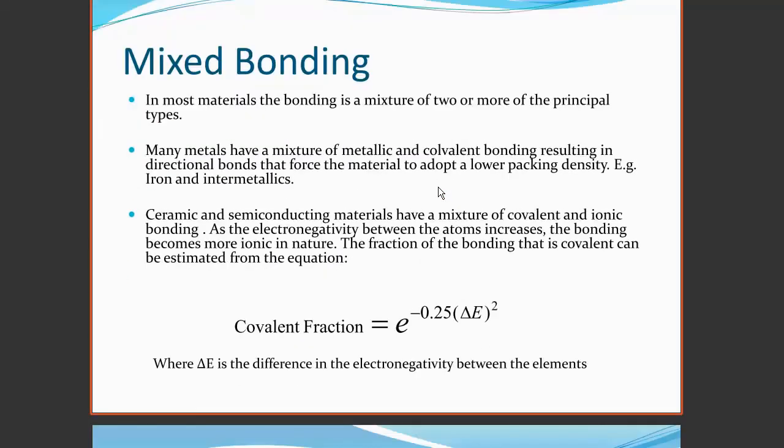In what we've discussed so far, we discussed the primary bonding types as being distinct and separate. In most materials, the bonding is a mixture of two or more of the principal types. Metals can have a mixture of metallic and covalent bonding. The greater degree of covalent bonding results in a greater hardness of the metallic material.